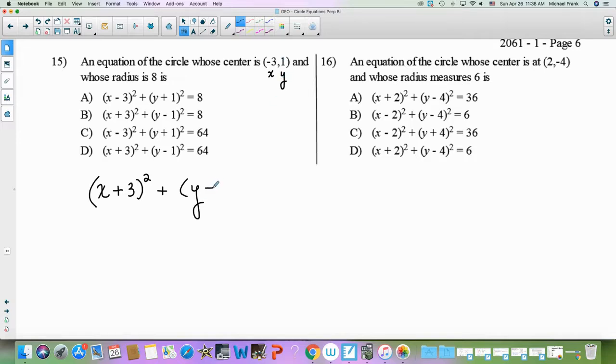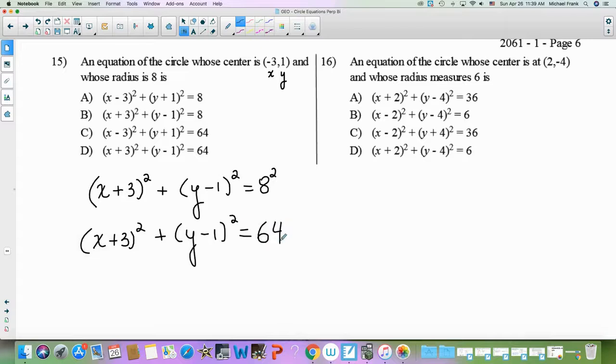So I'm going to do the opposite, which is -1 squared. And it's going to be equal to my radius, which they're giving me as 8 squared. So my final answer will be (x + 3) squared plus (y - 1) squared is equal to 64, which we could see is choice D.